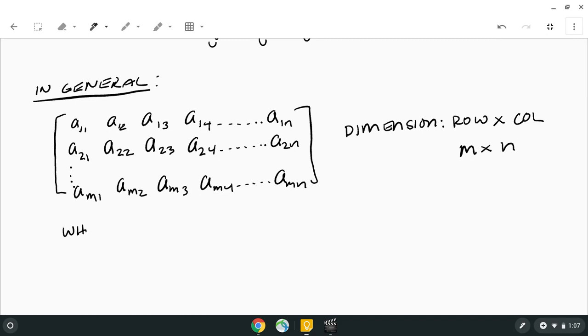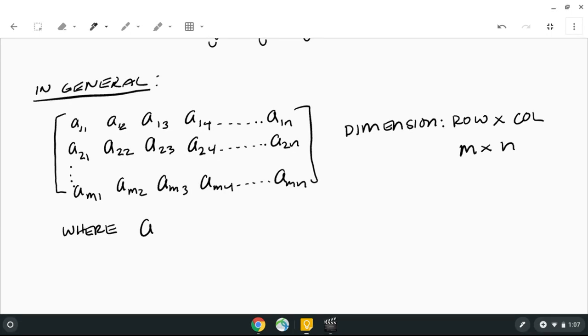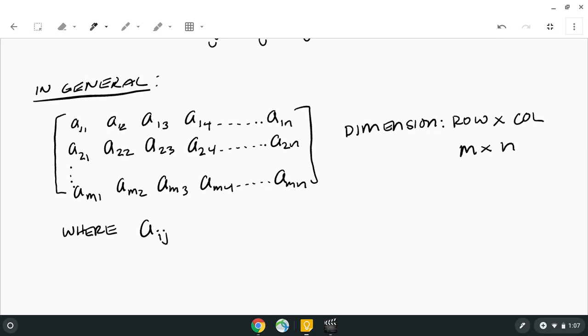And here, if you have some element and it has these numbers, the i here represents the row. Okay. And the j here, this number, would represent the column.